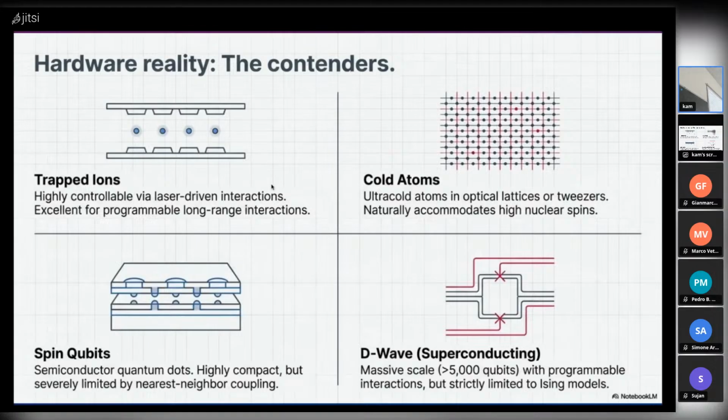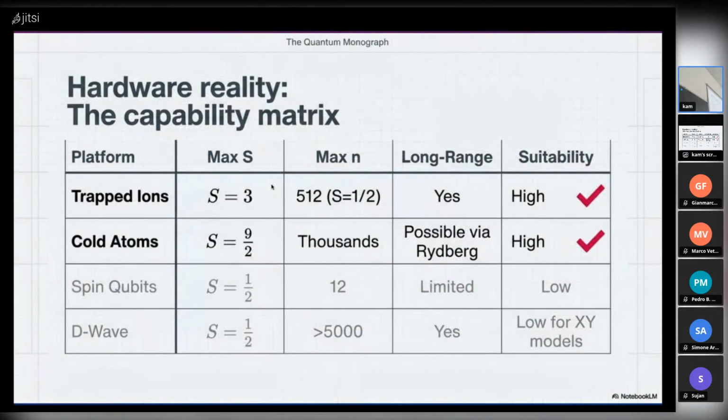But the truth is that for trapped ions, maximally you can do some sample culture of ions, and you can do the long range. So this might be the one platform that is doable.